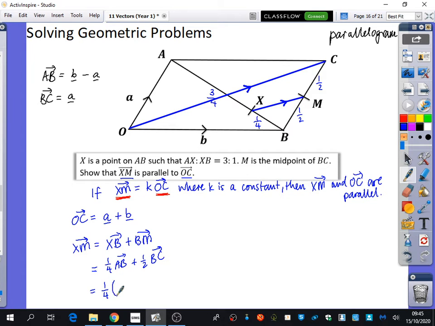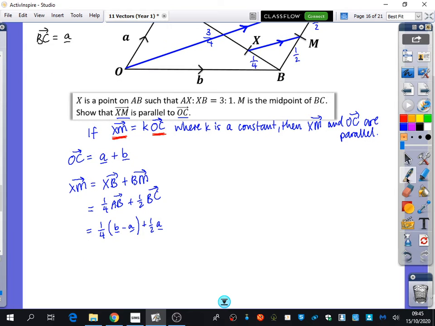So I'm going to say it's a quarter of AB, which is B minus A, plus a half of BC, which is just A. So I get a quarter B when I expand the brackets, minus a quarter A plus a half A. So what's minus a quarter A plus a half A?